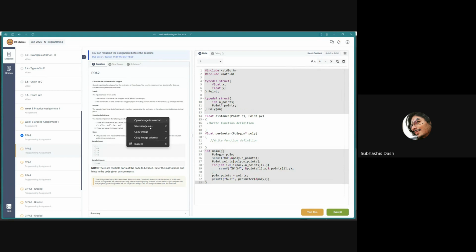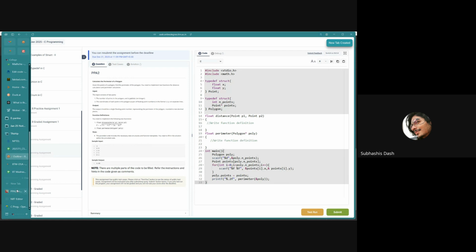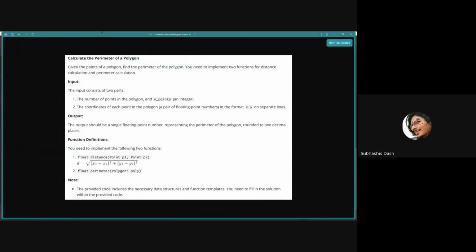Again with the small images. Over here we have been given the points of a polygon, and we need to find the perimeter of the polygon. You need to implement two functions for distance calculation and perimeter calculation.